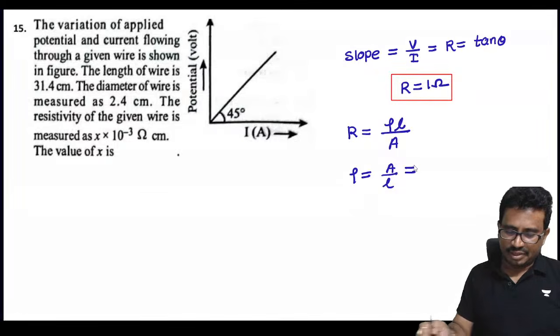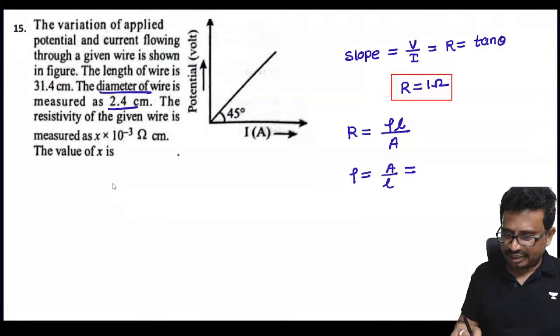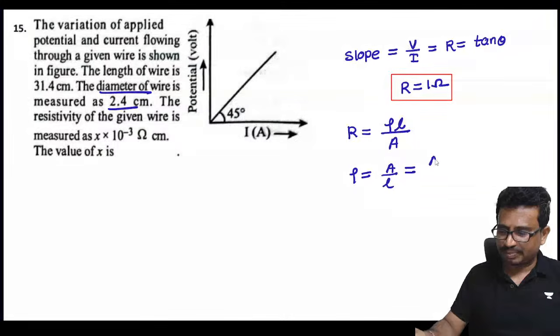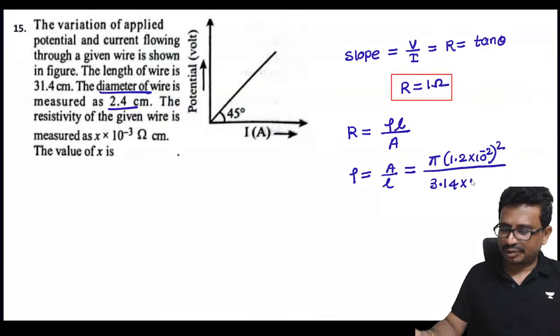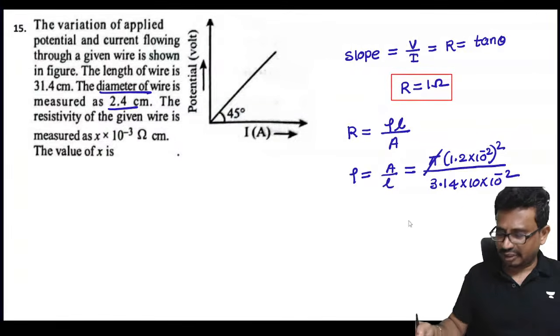Diameter is given, so radius is 1.2. A is pi R square, 1.2 into 10 power minus 2 whole square, by length 3.14 into 10 power minus 2. Pi and 3.14 will get cancelled.